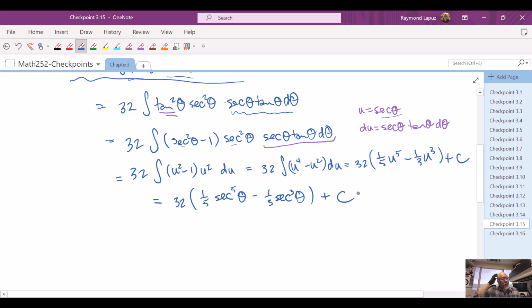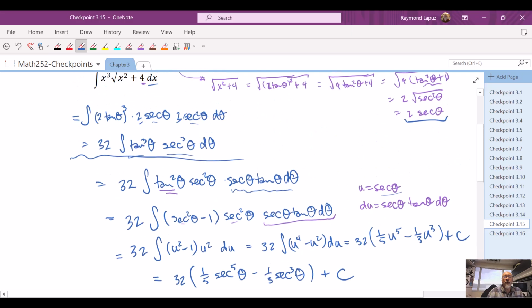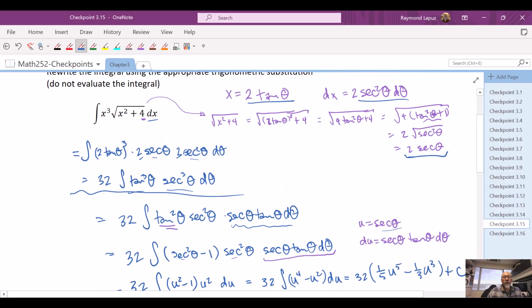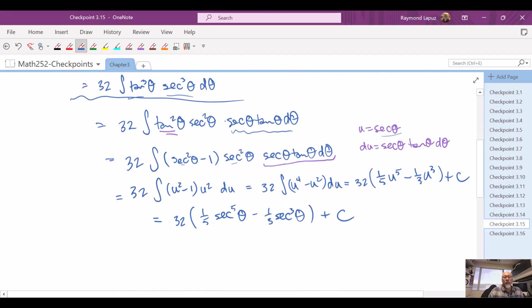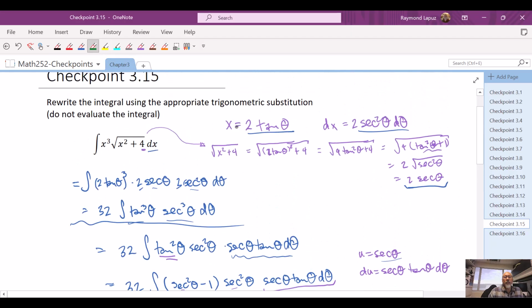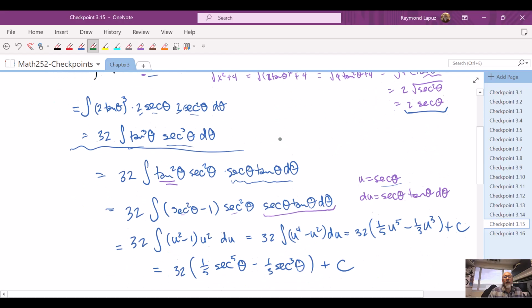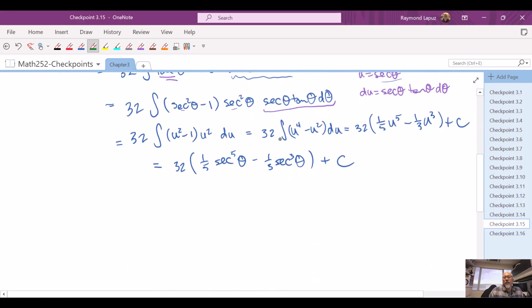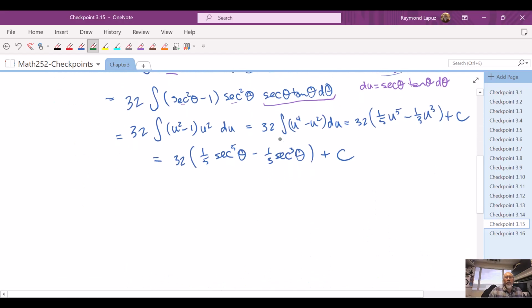We're not quite finished yet because our original integral was all in terms of x, and so we're going to need to somehow change this back in terms of x. We will use the initial substitution that x is equal to 2 tan theta to help us figure out what the secant of that same angle theta would be.